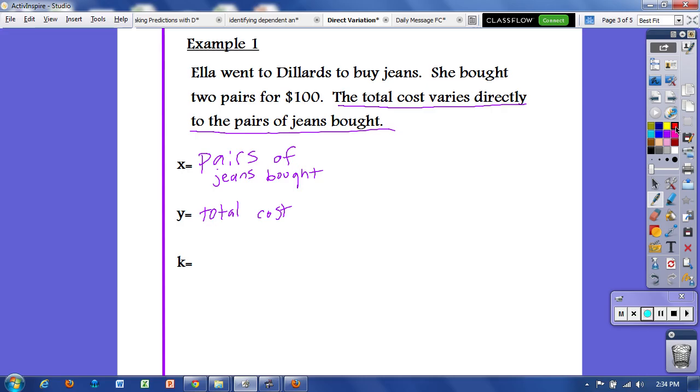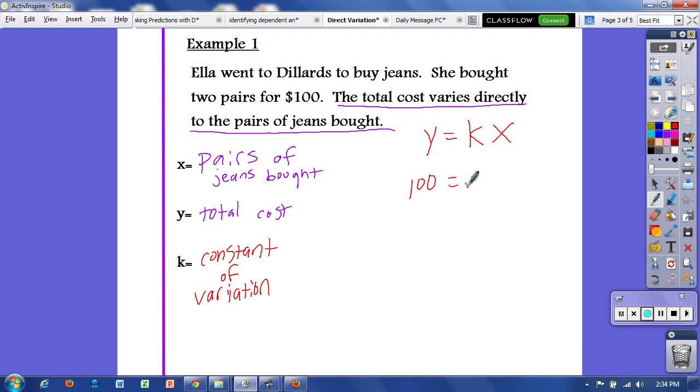Okay, and then k represents the constant of variation, which is what we don't know. Okay, so now that I've labeled these, I'm going to put the quantities, the actual numbers, into the equation of y equals kx. Okay, so since y represents the total cost in this situation was $100.